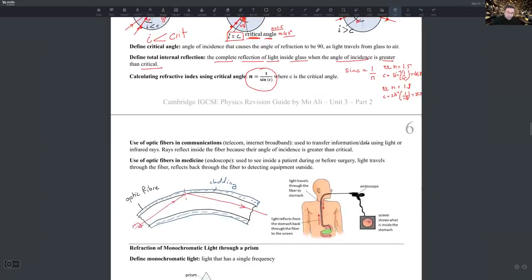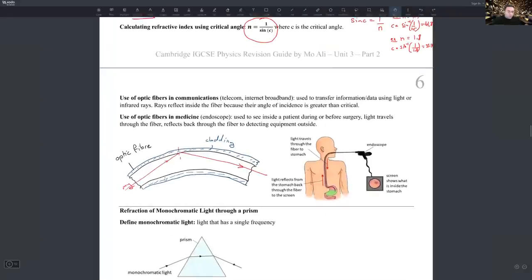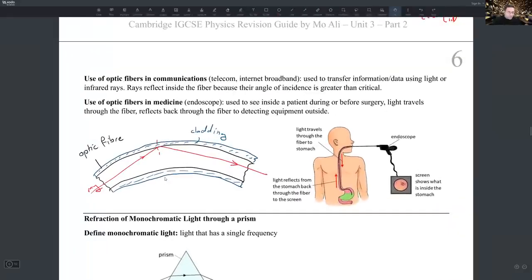Now, total internal reflection has one very, very important application, which is what? An optic fiber. What's an optic fiber? An optic fiber is a wire made of glass. Usually it's a mixture of glass and plastics, but it's a very thin cable made of glass.